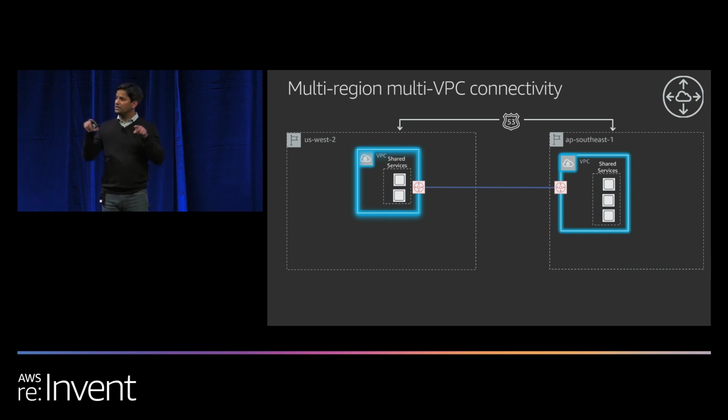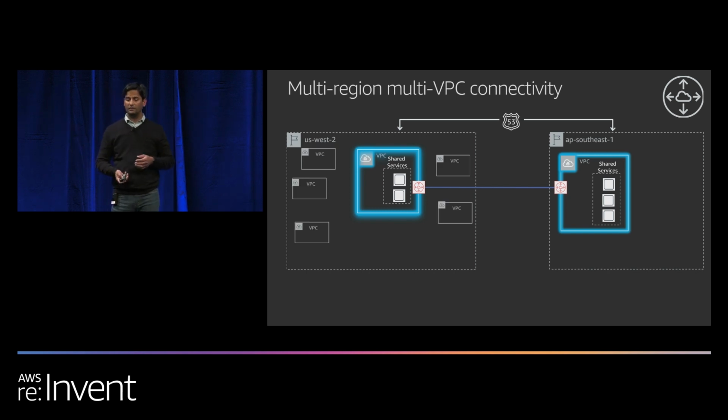deployed, managing those VPC peering connections can be an operational nightmare, right? I mean, as an operations person, you need to keep track of what you're peering and things like that. So one strategy a lot of enterprise customers have adopted is, instead of doing VPC peering for every single VPC, I'm going to deploy the most common applications like IDP and my authentication services and monitoring services into a centralized shared services VPC, and have that centralized shared services VPC peered, and the rest of the VPCs are connected locally to the shared services VPC.